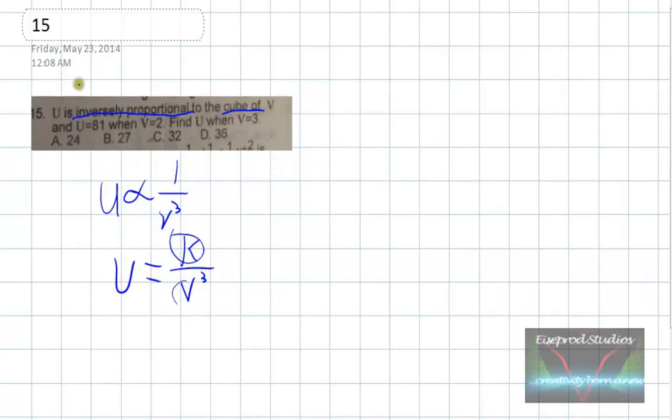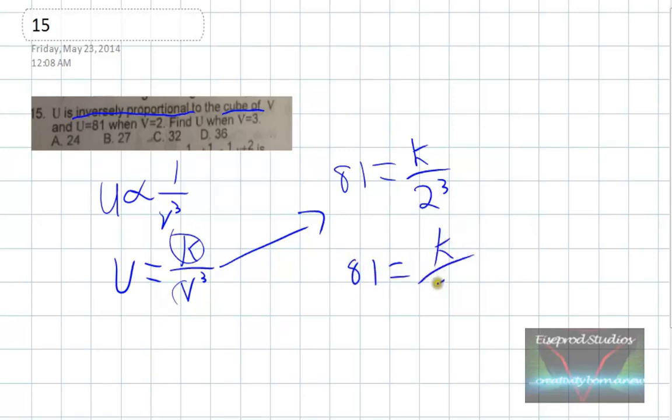And they tell us that u is equal to 81 when v is equal to 2. So I just rewrote this using the numbers that they gave me. I'm going to simplify by saying 81 is equal to k over 2 cubed, which is 8.